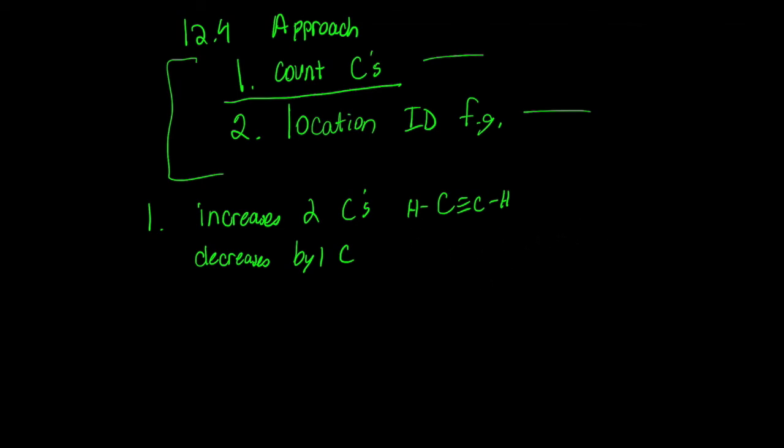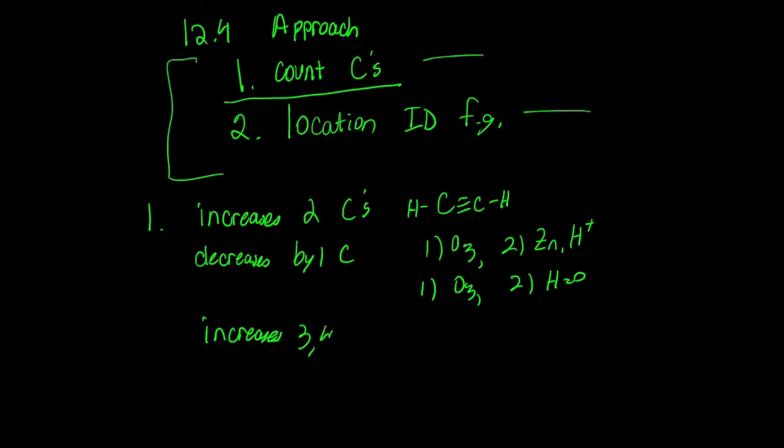If it's an alkene, you want to use ozone followed by zinc and acid. If it's an alkyne, you want to use ozone followed by water. So be watchful for the different types of things there. If you're starting with an alkyne and it increases by 3 or 4 or 5 carbons, you want to think about alkylating your alkyne.